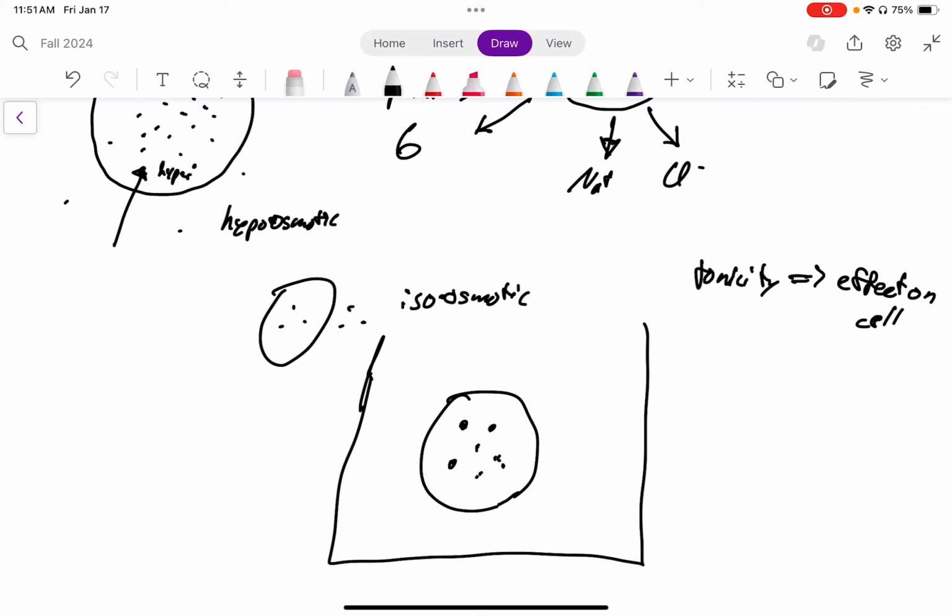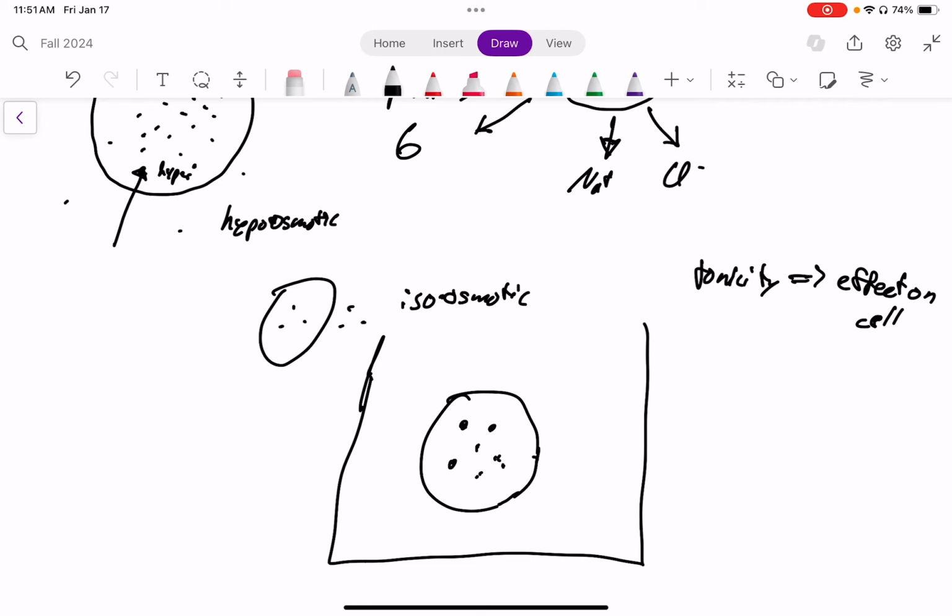And so the water would want to enter the cell. In that situation, we can see how an isoosmotic solution, just because something has the same amount of particles, does not mean that it will be isotonic, which refers to the effect that it has on the cell. The cell would not necessarily stay the same size.